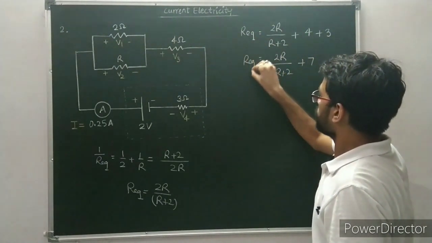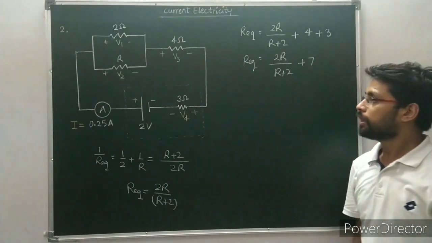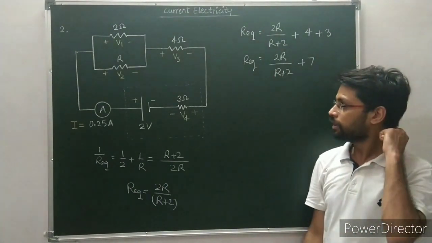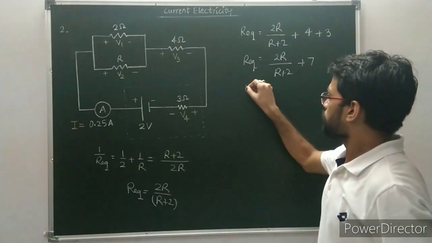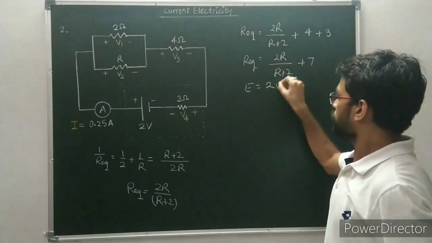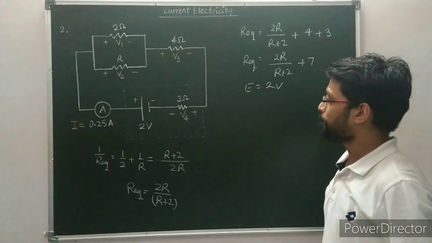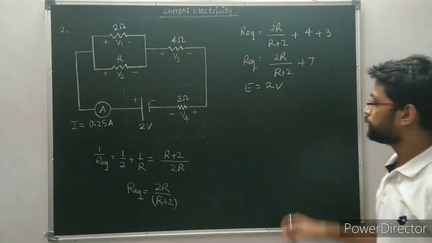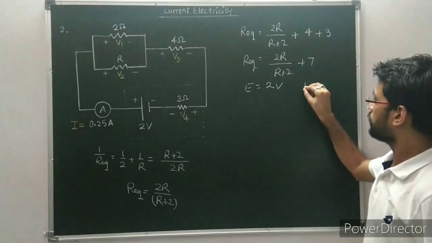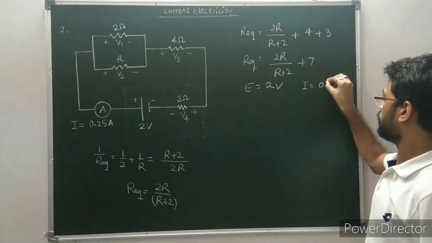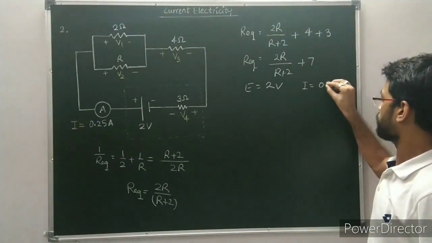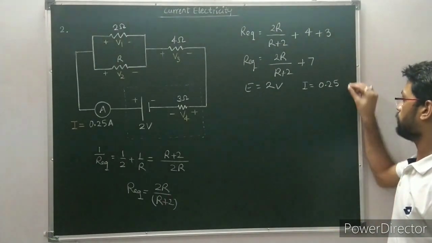So this is the total equivalent resistance of the circuit, and EMF of the cell is 2 volt, and the current drawn from the cell is 0.25 ampere.